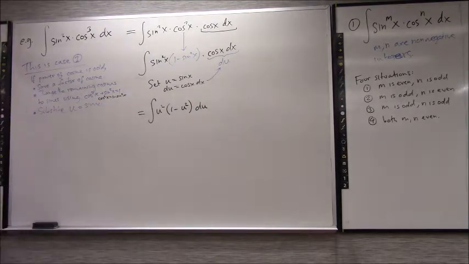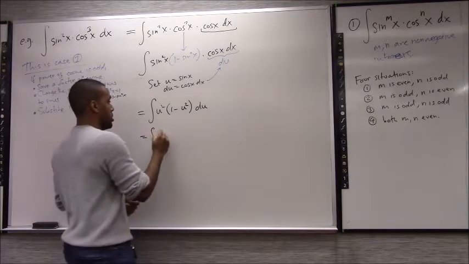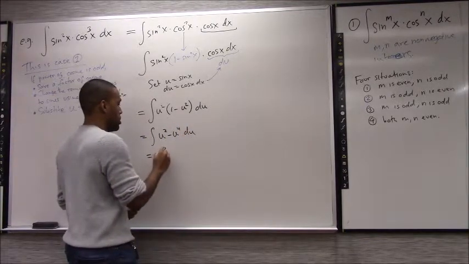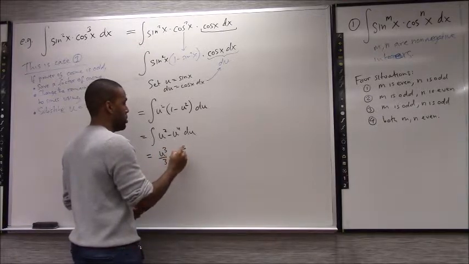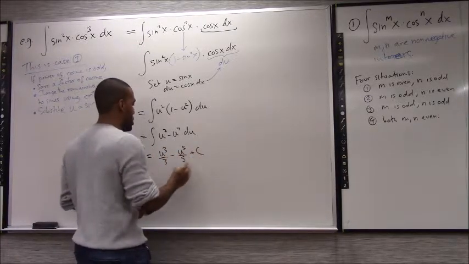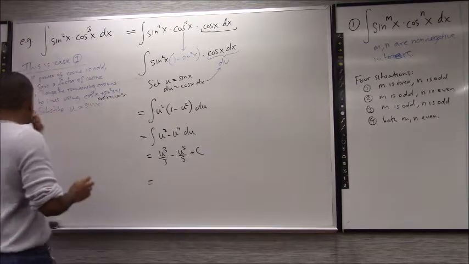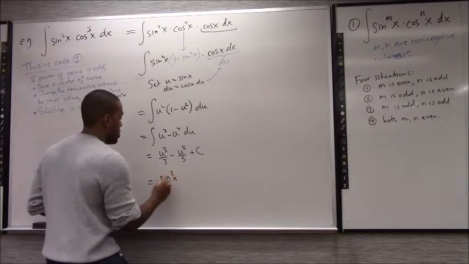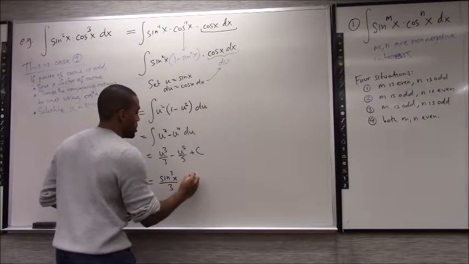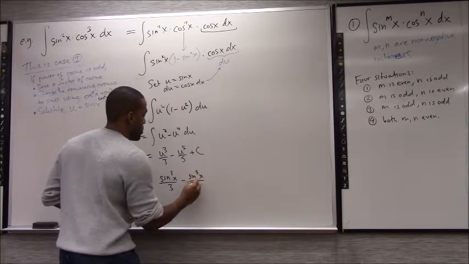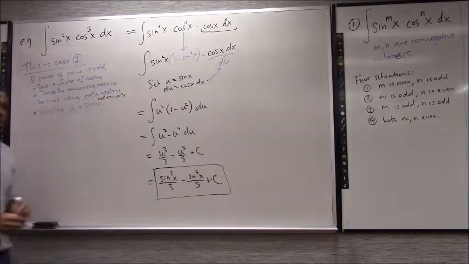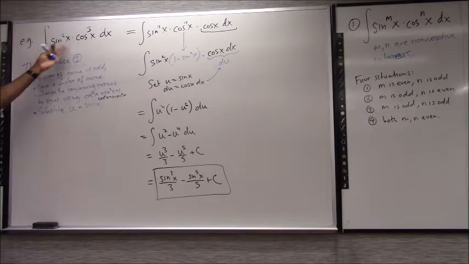And so now that trig integral just becomes a very nice polynomial integral. It's u squared minus u to the 4th du. U cubed over 3 minus u to the 5th over 5 plus c. So this guy just becomes sine cubed over 3 minus sine to the 5th over 5 plus c. And that's the antiderivative of sine squared times cosine cubed.